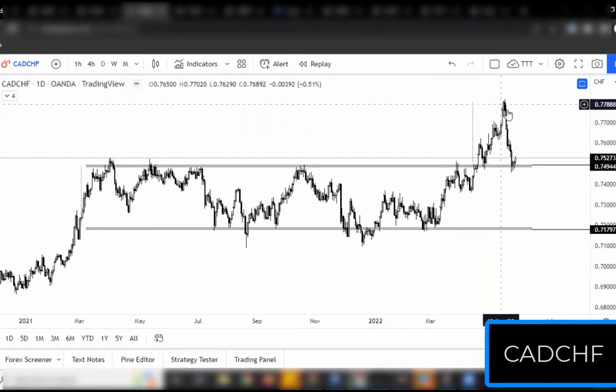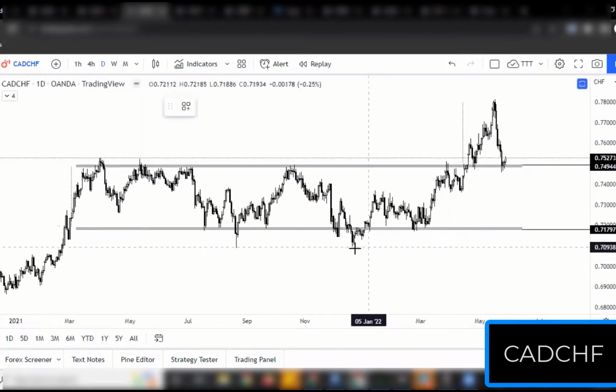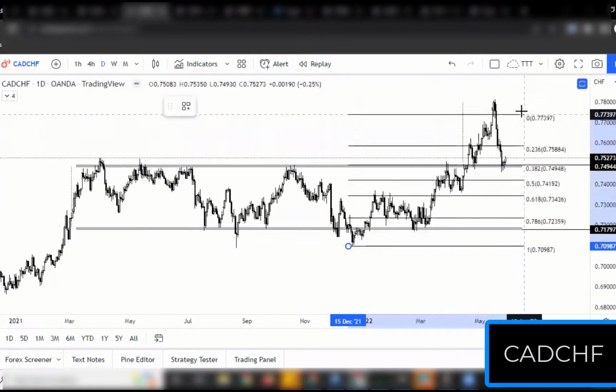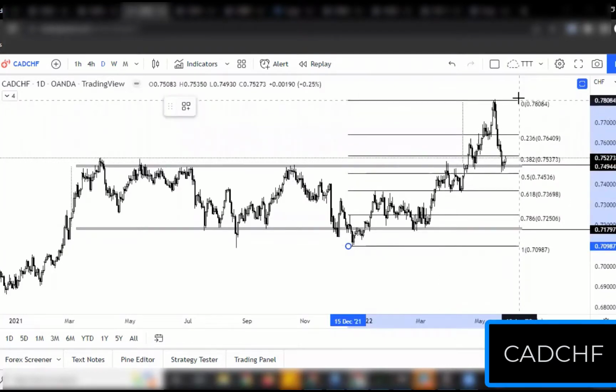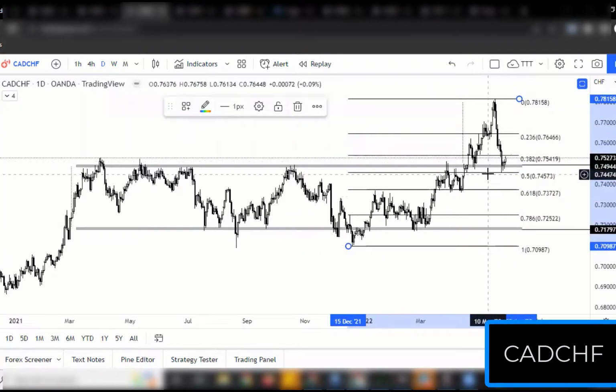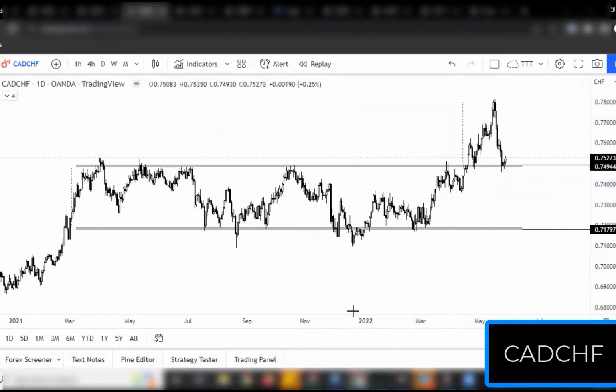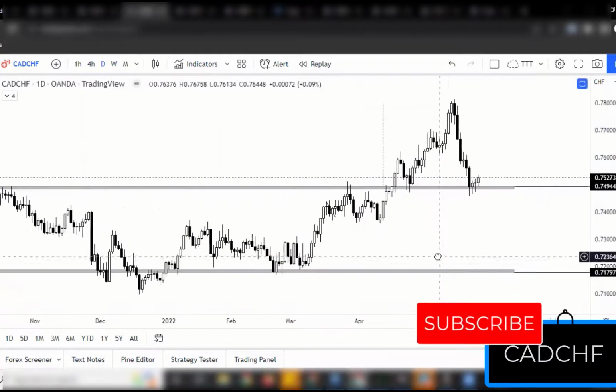Currently price is standing once again on the breakout level, and if you draw Fibonacci here of this rally, you see this is the 50% Fibonacci number, where the price just took the support, and the price action supports bulls here. Let me draw it.